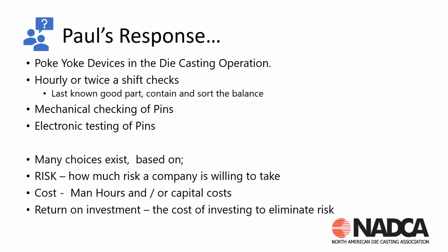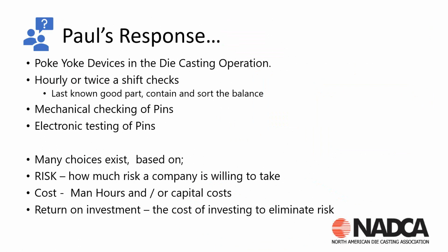Broken cores are definitely a risk, and so it comes down to, are we doing hourly checks? Are we doing twice a shift checks? If we are, then our method is we're going to go back to that last known good part. We're going to contain those parts if we find a broken core, and then we're going to sort the balance of those parts, making sure that none of those escape containment and they don't get to our customers.